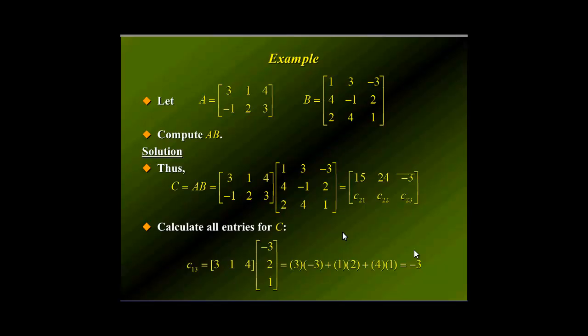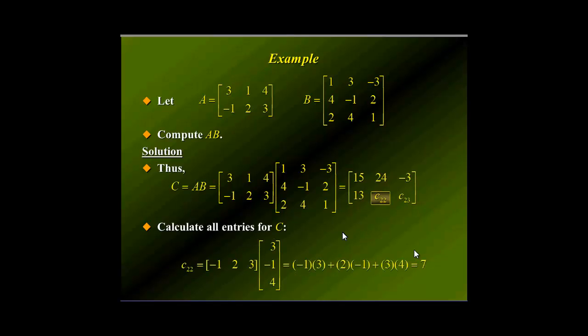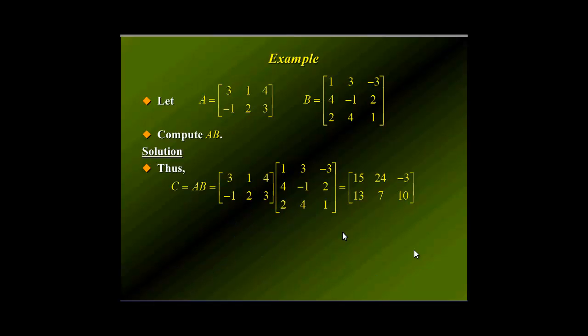Then the third column, and after that we take the second row and first column. After that we take the second row and the second column. After that we take the second row and the third column. In this way we can multiply and find the new matrix.